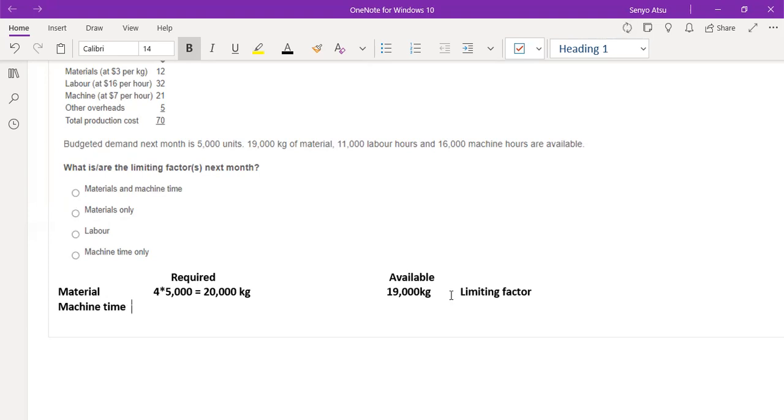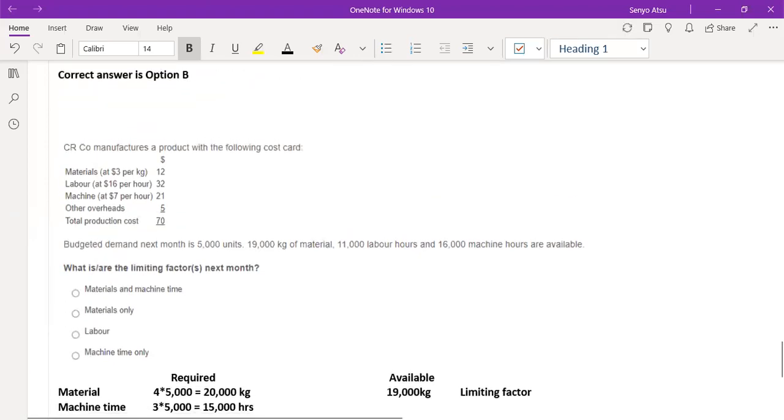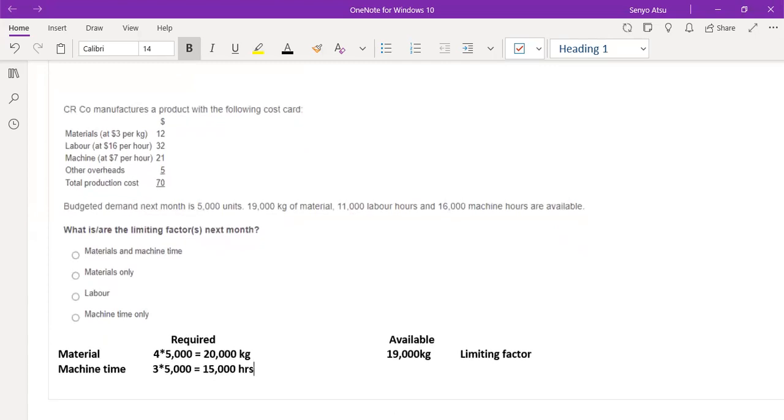So machine time required: $21 divided by $7, 3 hours to produce each of the 5,000. We need 15,000 hours. Question says we have 16,000 machine hours available.